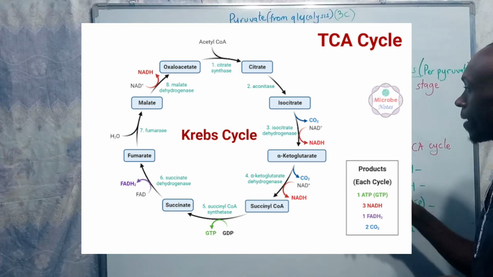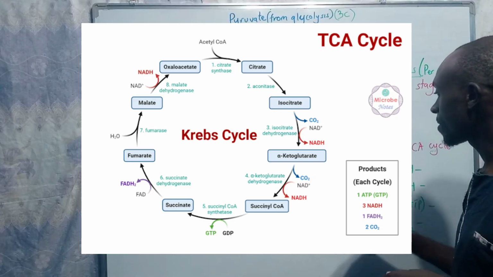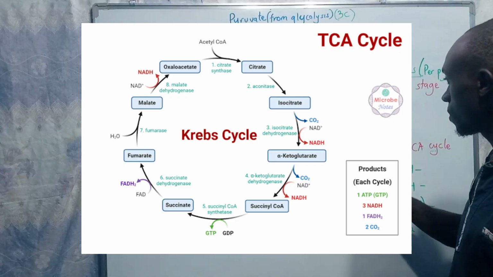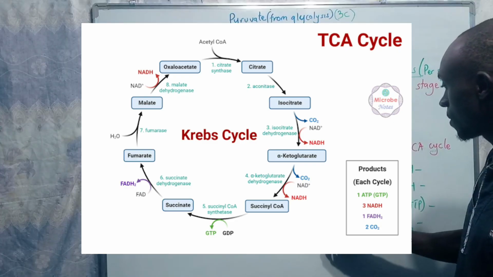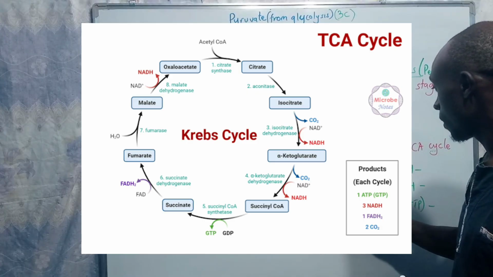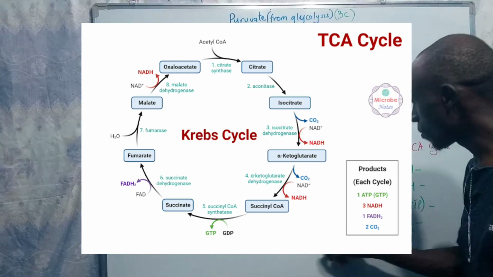In step 4, we have another successive decarboxylation. This is the first decarboxylation, this is the second decarboxylation, whereby the 5 carbon molecule, alpha-ketoglutarate, loses another carbon dioxide molecule.